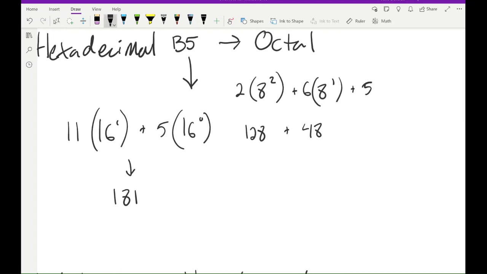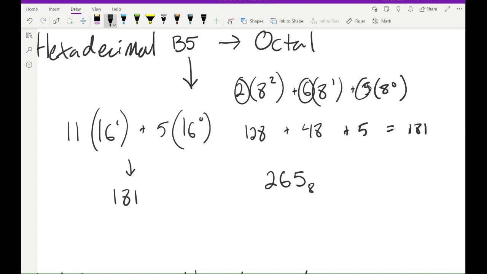So we'll just do 5 times 8 to the power of 0. That'll be 5. So 128 plus 48 plus 5 will equal our answer 181. So we'll take these digits, and we'll go 2, 6, and 5 at the base of 8. And that'll be our answer.